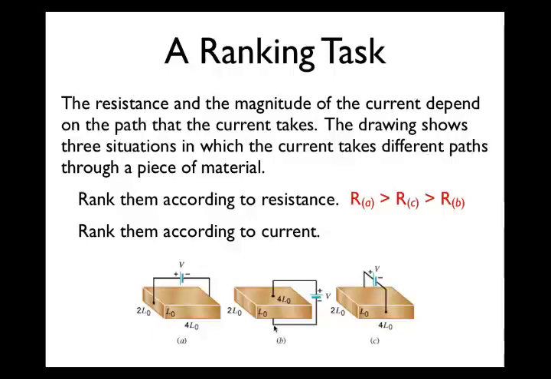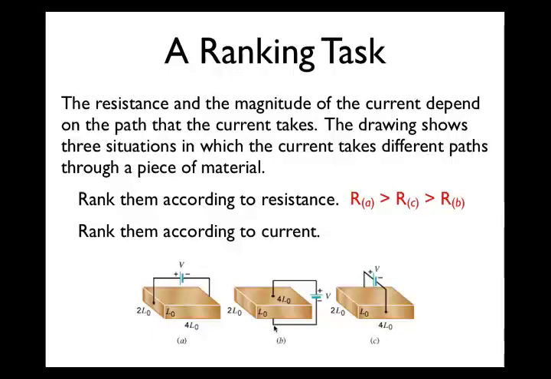If we rank them according to current, Ohm's law tells us the answer almost immediately. Ohm's law, you'll recall, says current is equal to the potential difference applied across 2 points to the resistance of the material in between those 2 points. The potential difference in each of these situations is the same, hence the V labeling on the battery symbol, but the resistance is not the same, which we've just established.